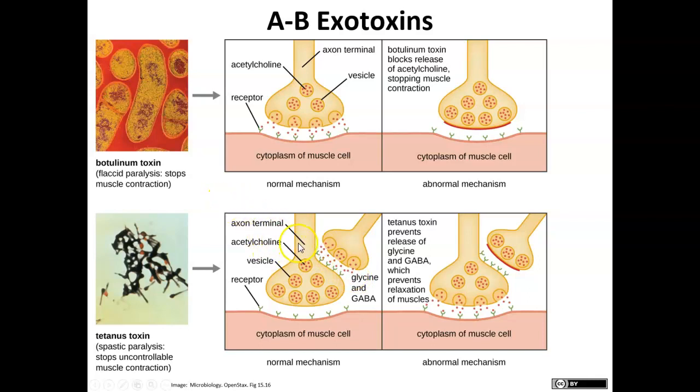These inhibitory neurotransmitters bind to the motor end plate of the excitatory neuron, and that causes the excitatory neuron to stop releasing acetylcholine. So here's normal, and here we have acetylcholine not being released because we have inhibited it by this inhibitory neuron. When tetanus toxin comes into play, it blocks the inhibitory neurons, and so the excitatory neuron continues to release acetylcholine, causing that spastic paralysis.